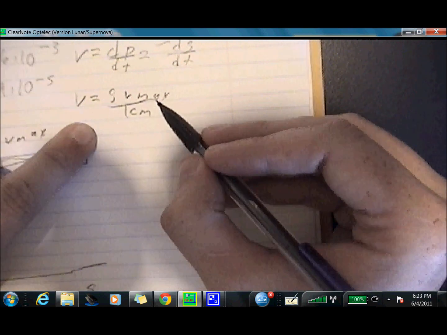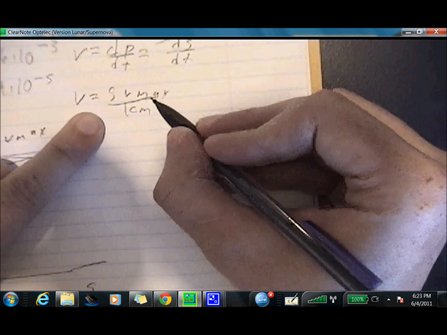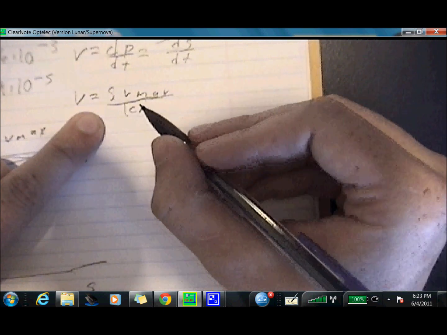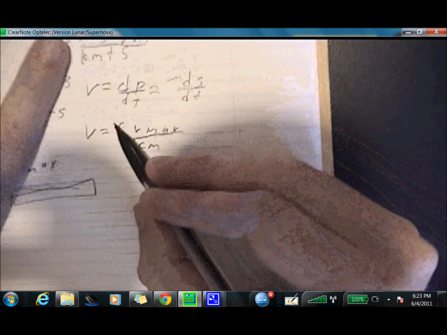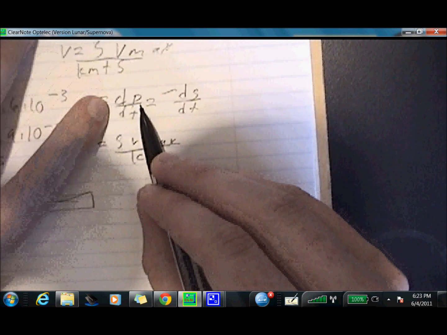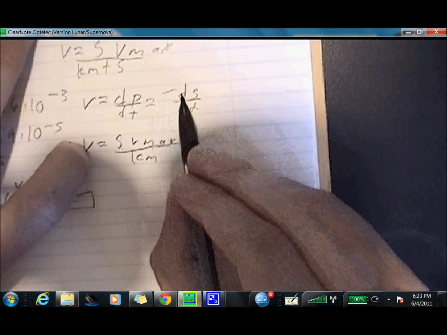So we have this equation, and up here V equals dP or negative dS over dt.